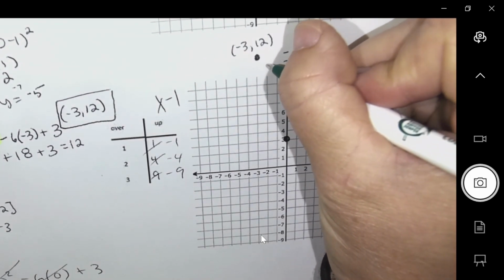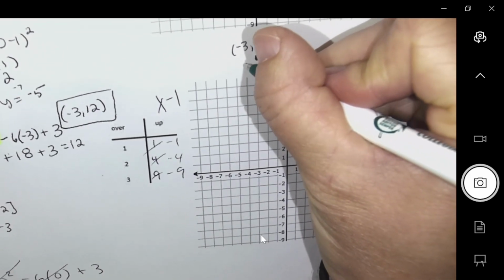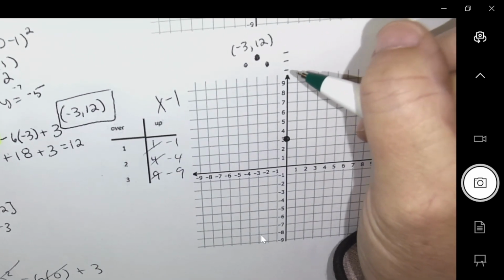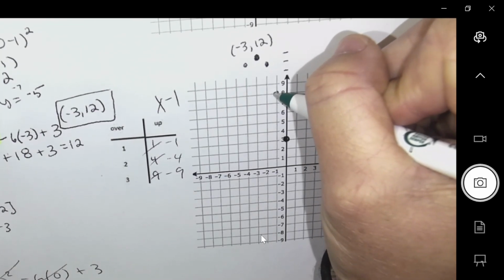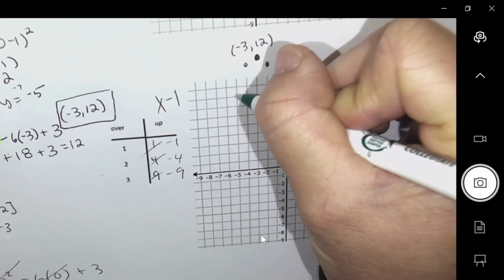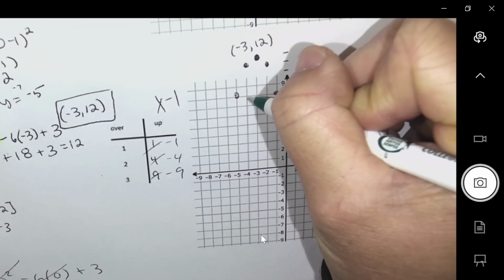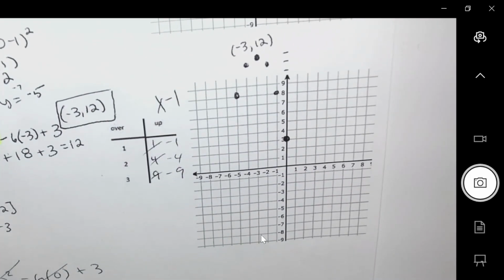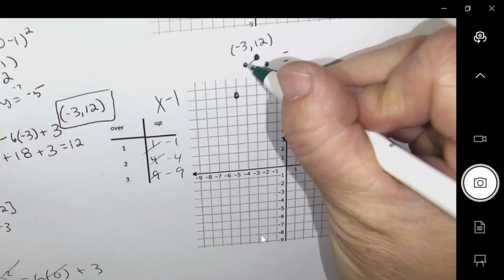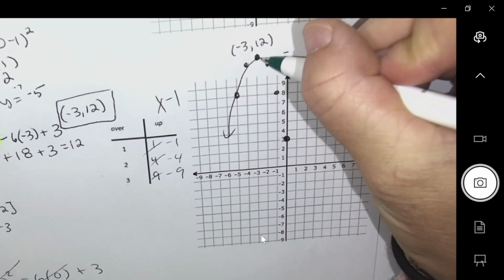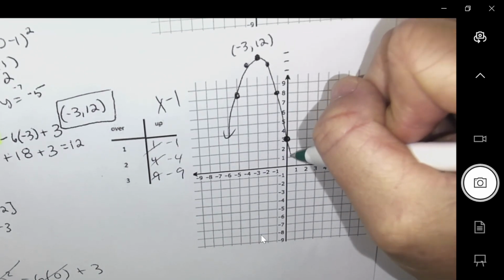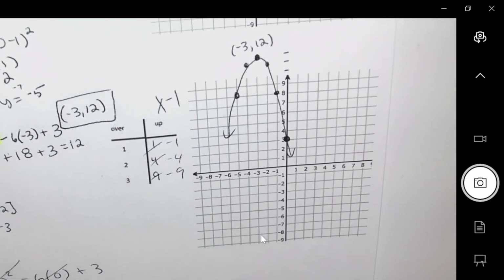Sorry, this is not good on our graph here, but I'm going to go over 1, down 1. I'm going to go over 2, down 4. By the way, that would be a height of 8, right? Because we were at a height of 12. So if you go down 4, and there's my shape. It makes me feel good when it's also going through my y-intercept, right?